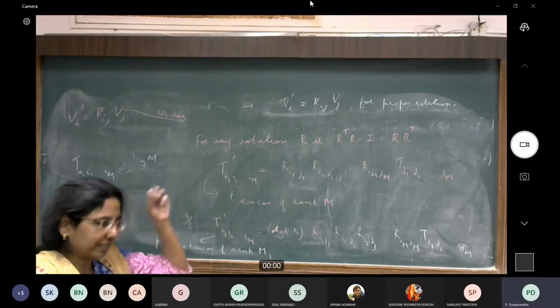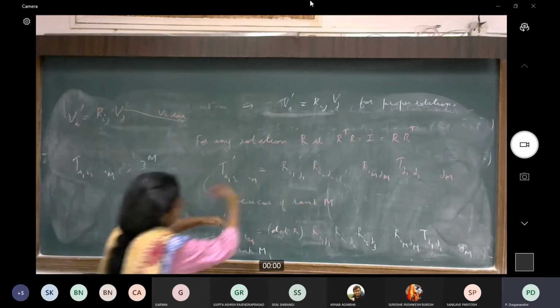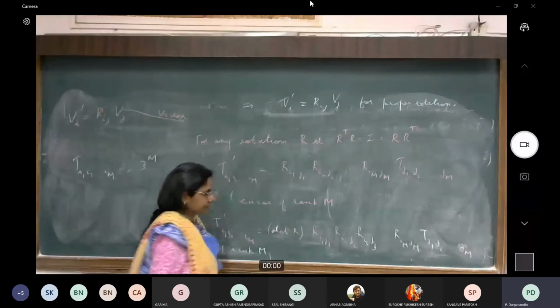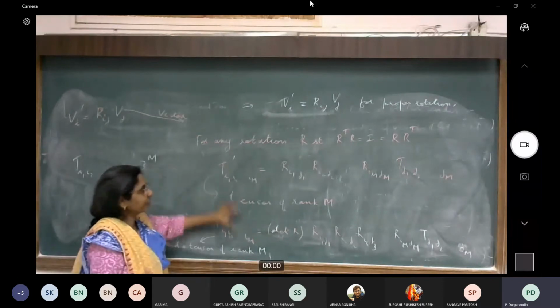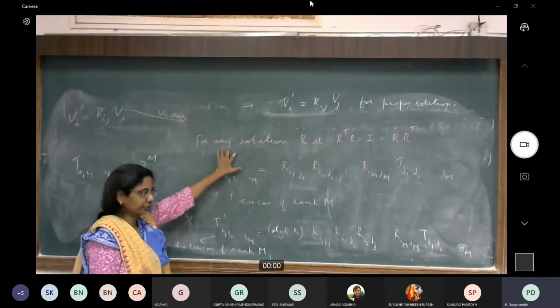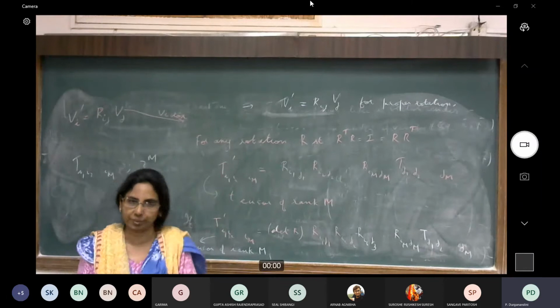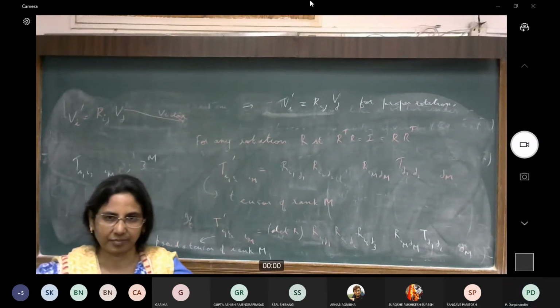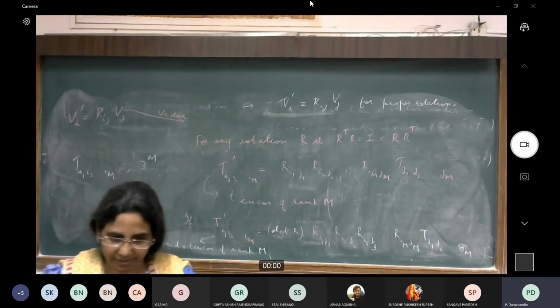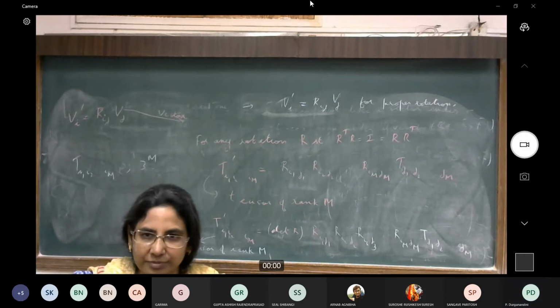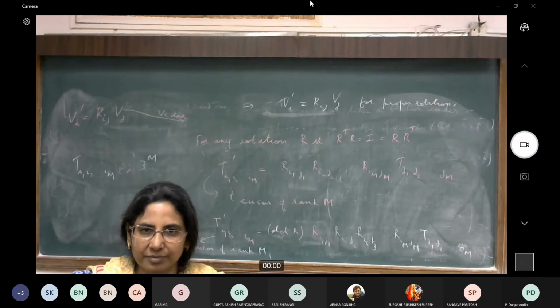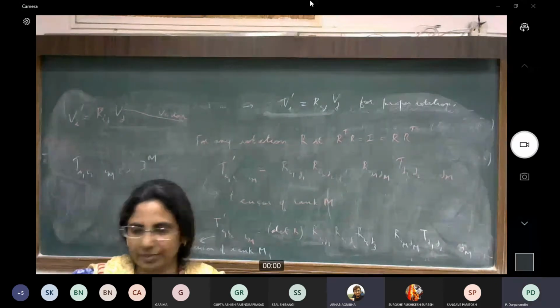So keep that example in your head, and then it's just generalized. This definition now is for any rotation. I've written here for any rotation; it doesn't matter whether it's a proper rotation or improper rotation. So does that satisfy you? Yes, ma'am.